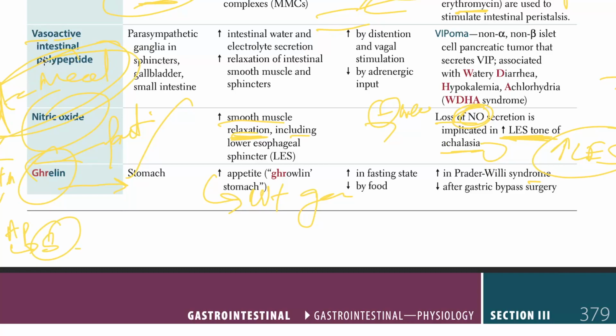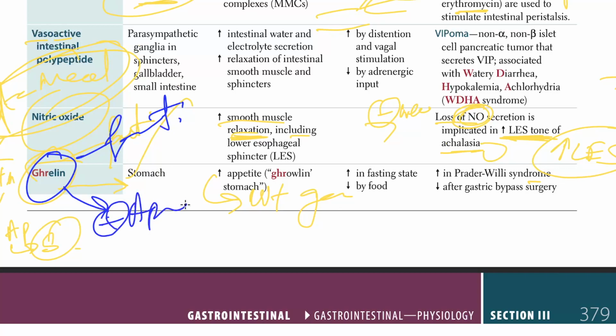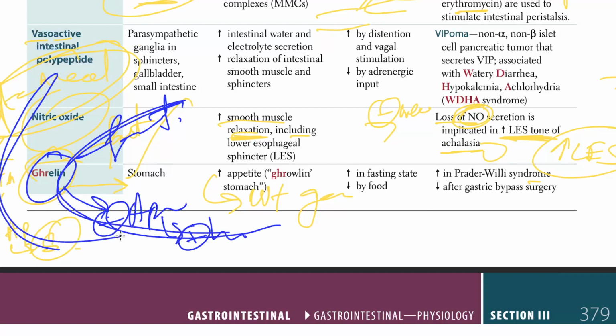On the other hand, ghrelin comes in the fasting state and stimulates the appetite center and makes you hungry. In obesity, you have dysregulation of all of this.